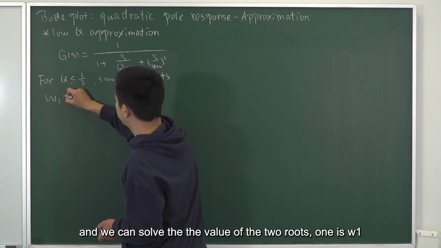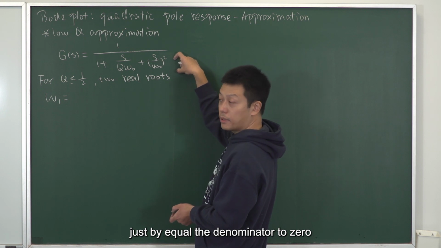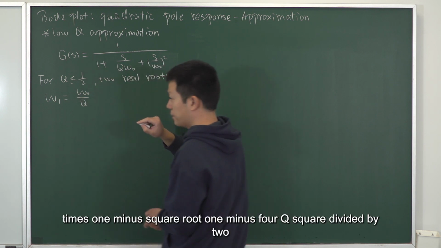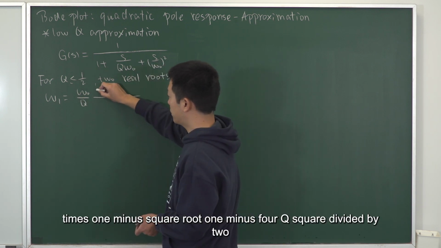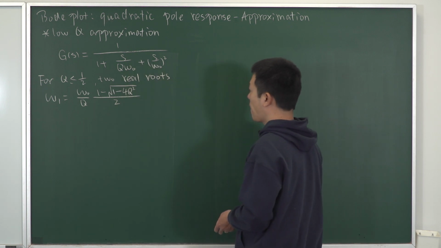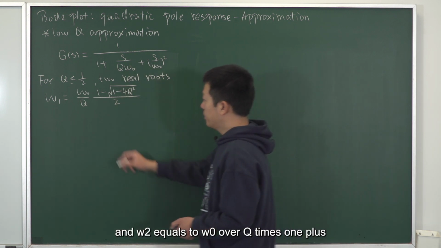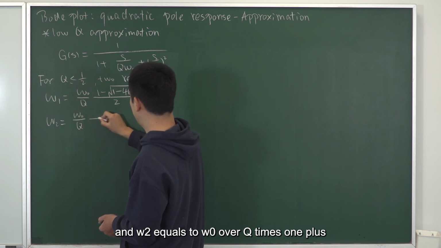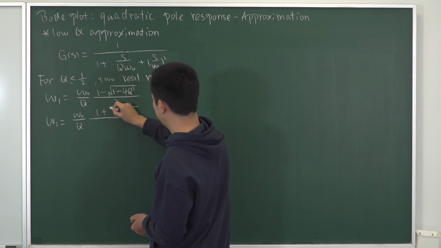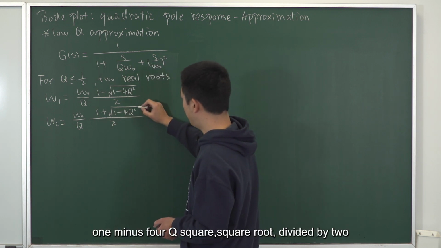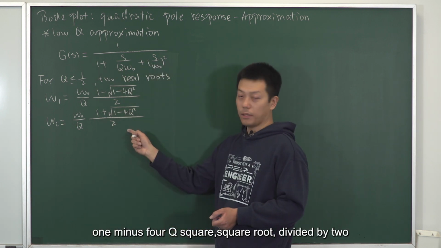Omega 1 equals omega 0 over Q times (1 minus the square root of 1 minus 4Q squared) divided by 2, and omega 2 equals omega 0 over Q times (1 plus the square root of 1 minus 4Q squared) divided by 2.